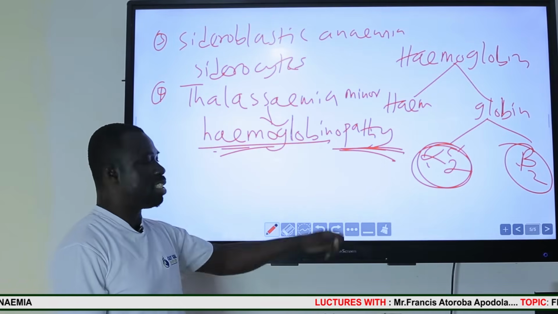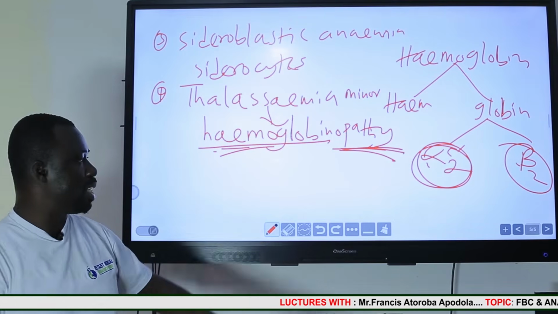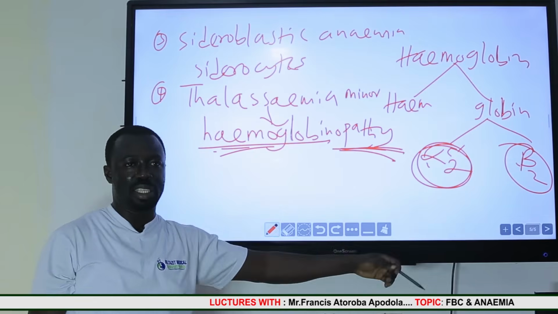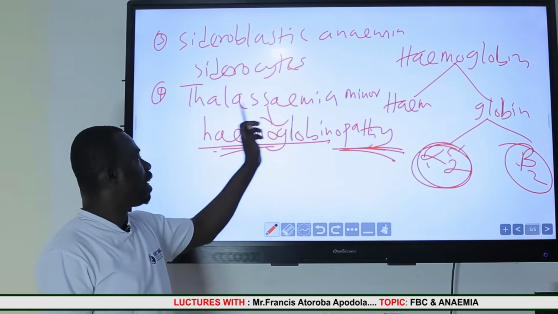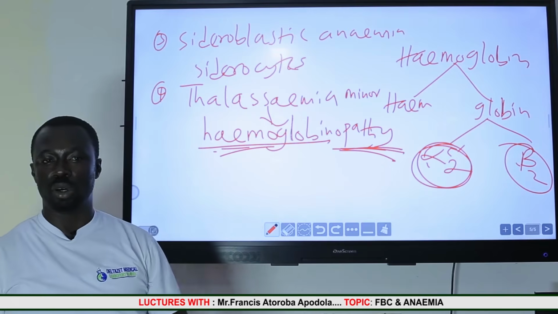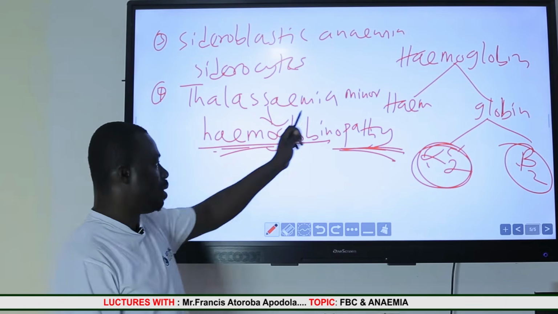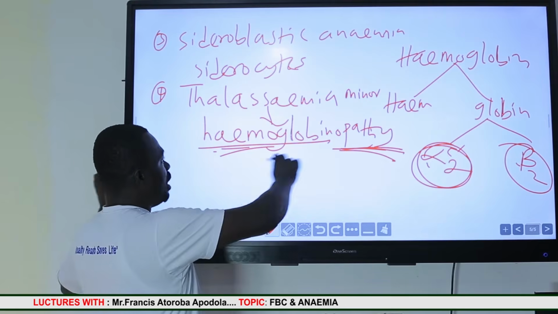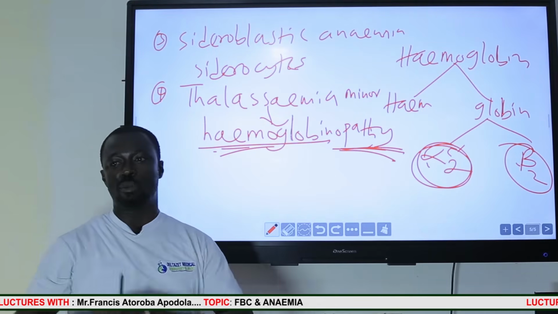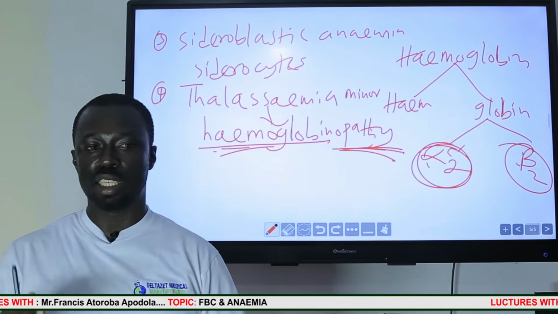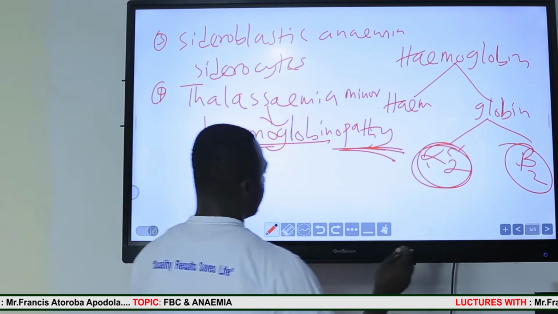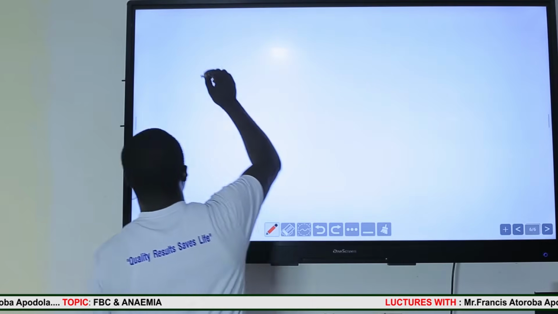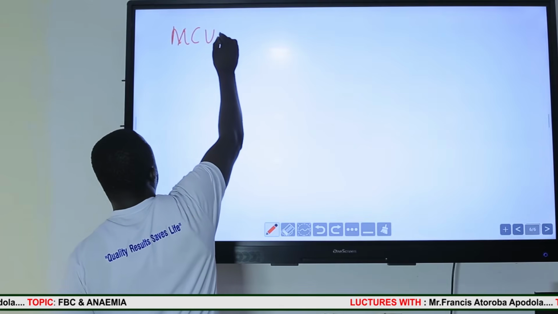Thalassemia also occurs in types, apart from defining it in terms of alpha and beta thalassemia, gamma thalassemia, or delta thalassemia. We have thalassemia minor, we have thalassemia major. Typically, thalassemia minor is the one that will make the red blood cell sizes become smaller than normal. That is microcytic red cells. So that is just for an MCV being low.